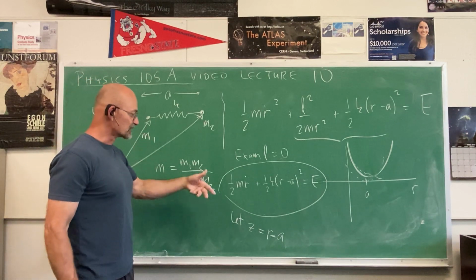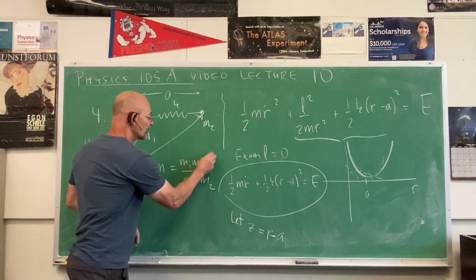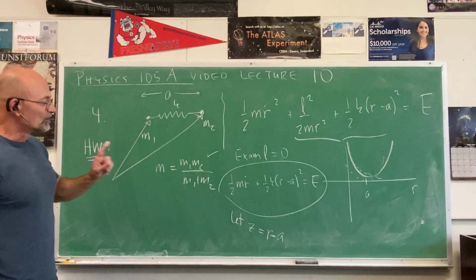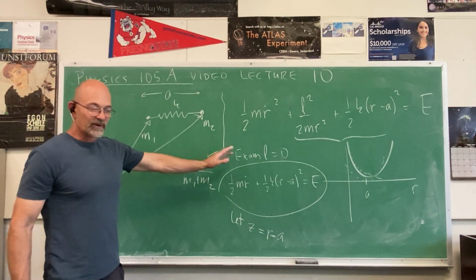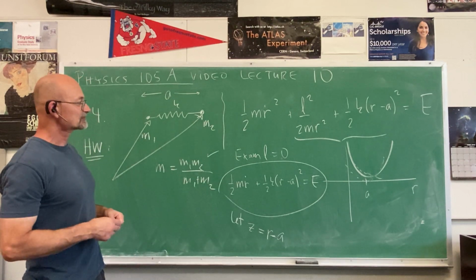So omega squared is k over m, and m happens to be the reduced mass. So good, you've taken care of that in your rewrite. That's one way to have done the exam.